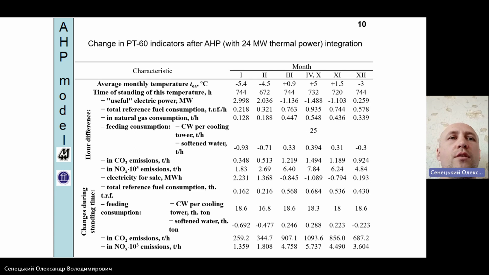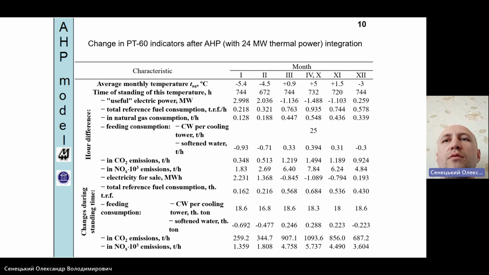When burning 1 ton of natural gas, the following amount of harmful emissions is formed: CO2 equal to 0.726 tons per ton and NOx equal to 0.0143 tons per ton. The data are shown in this table.